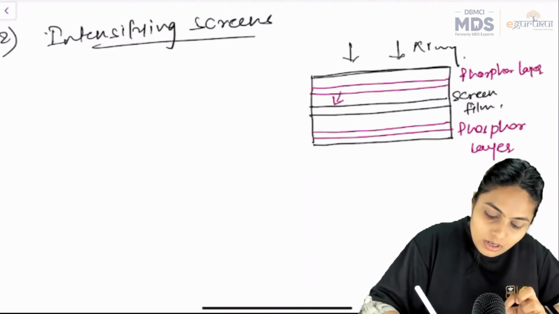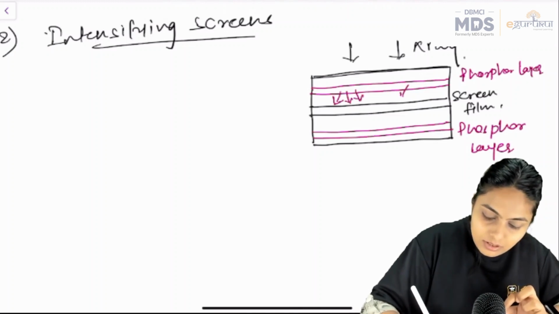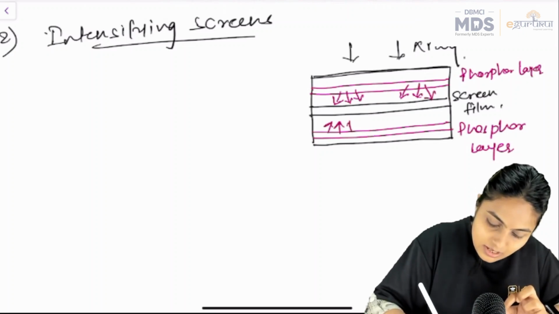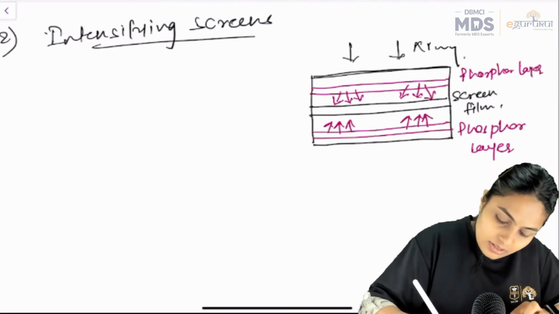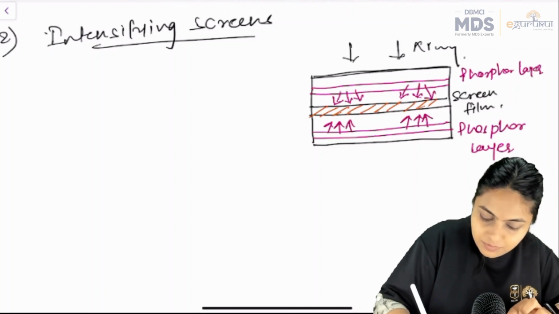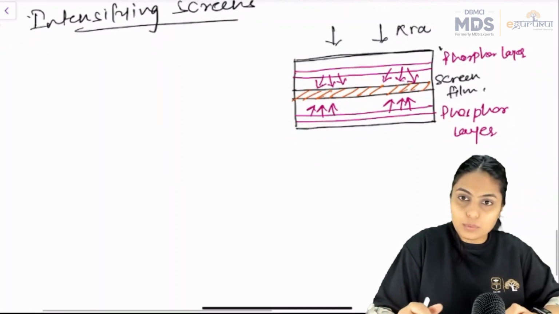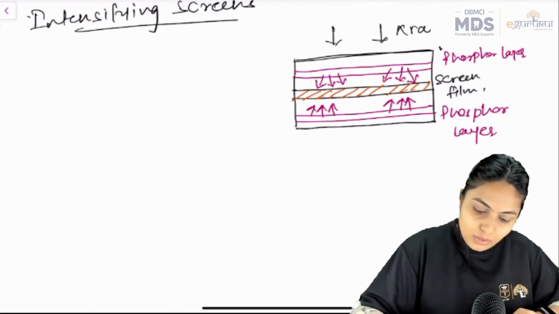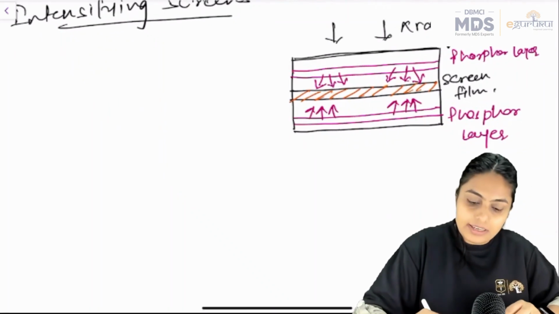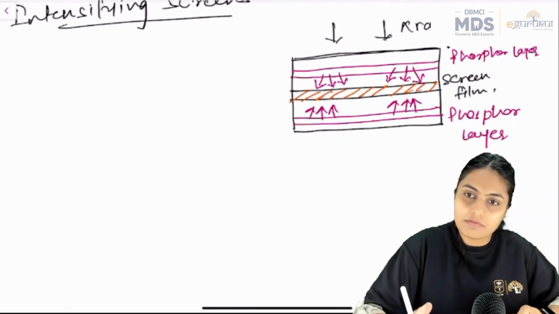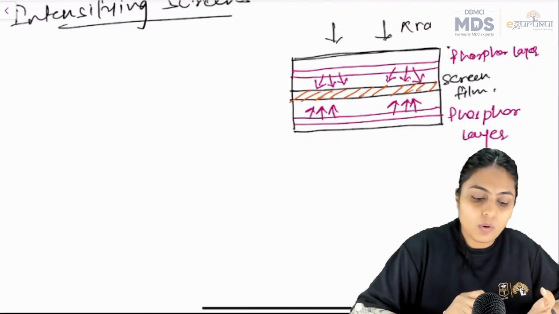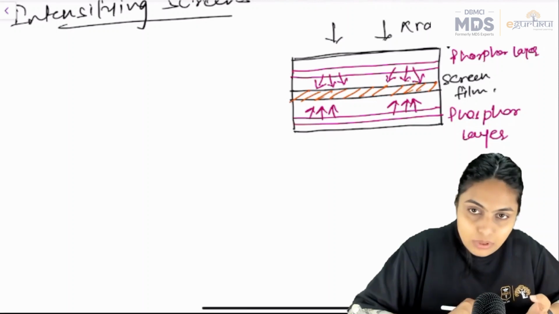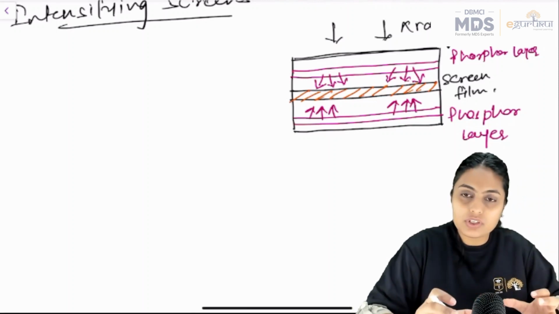Phosphor layers will create visible light, and this visible light will expose the screen film. The visible light thrown out by this phosphor layer is taken up by the screen film, and then the screen film gets exposed. Screen films, I've told you, are of two types: blue light sensitive and green light sensitive, according to the composition they are made of.